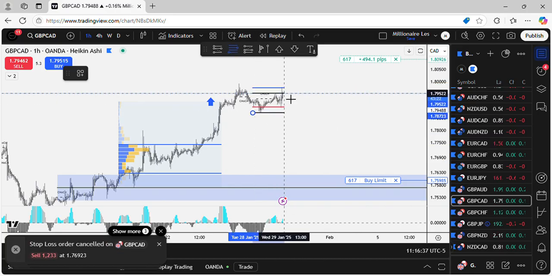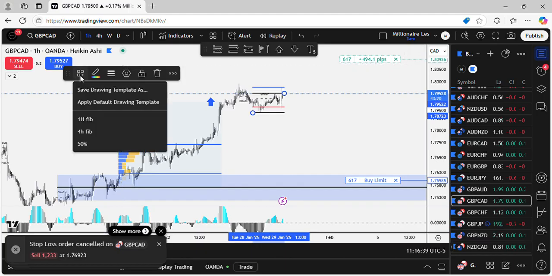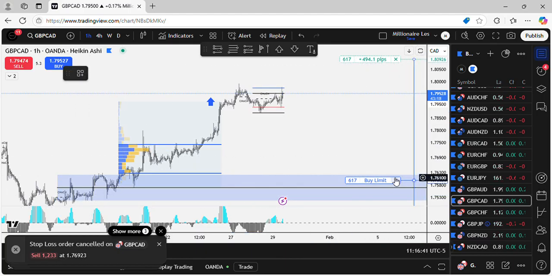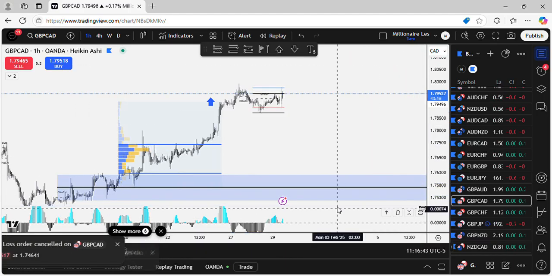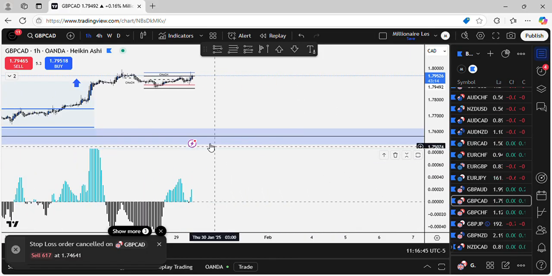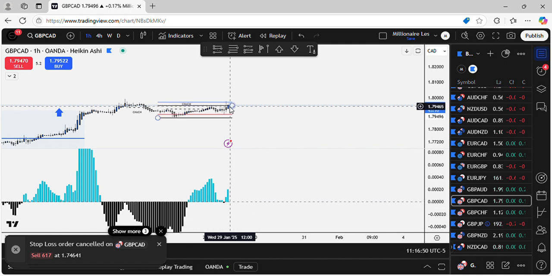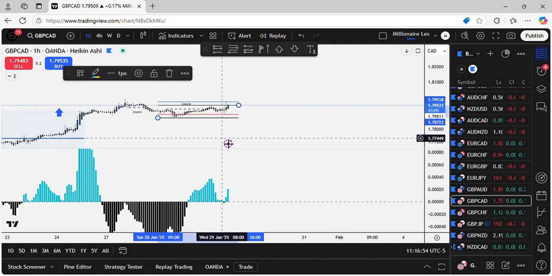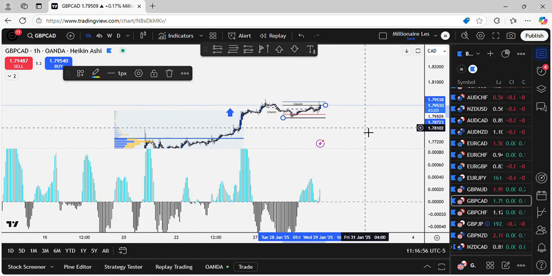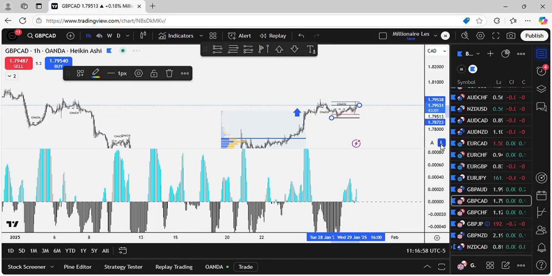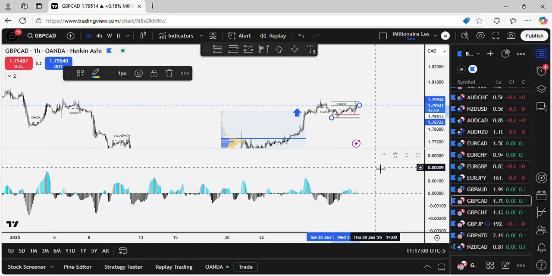Got my point A to my point B on my 1 hour. And then if you zoom in, I was like, did I miss it? Yep, I missed it. It had a pullback. The pullback was right here. So yeah, I don't even think it hit the price in.